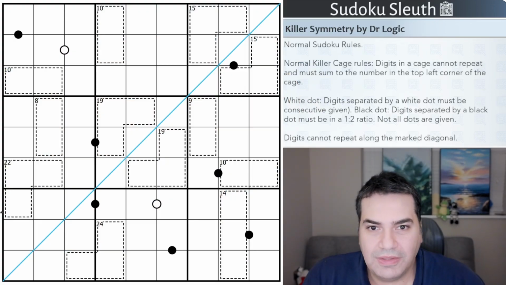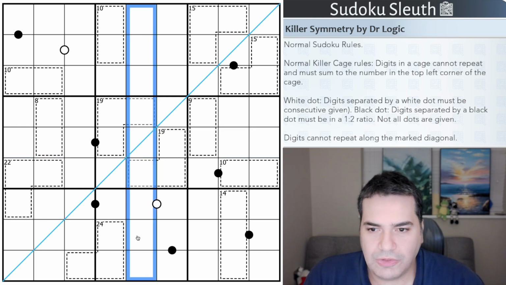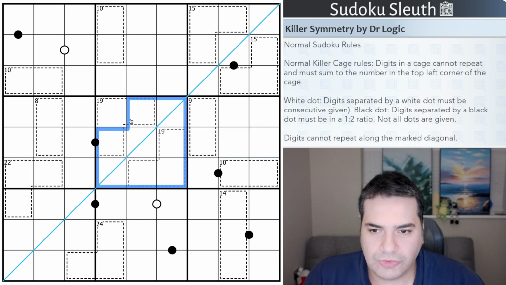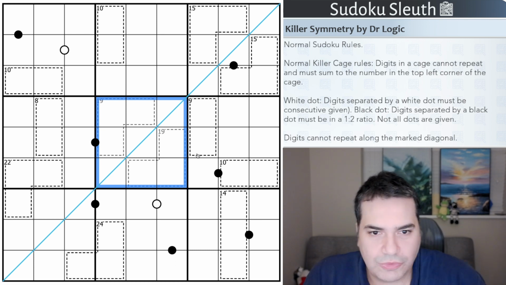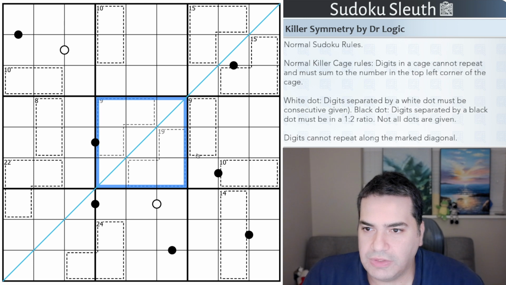So, Killer Symmetry by Dr. Logic. And we've got the following set of rules. Of course, normal Sudoku rules apply, so that means place the digits 1 to 9 once each in every row, in every column, and in every 3x3 box. Normal killer cage rules: digits in a cage cannot repeat and must sum to the number in the top left corner of the cage.